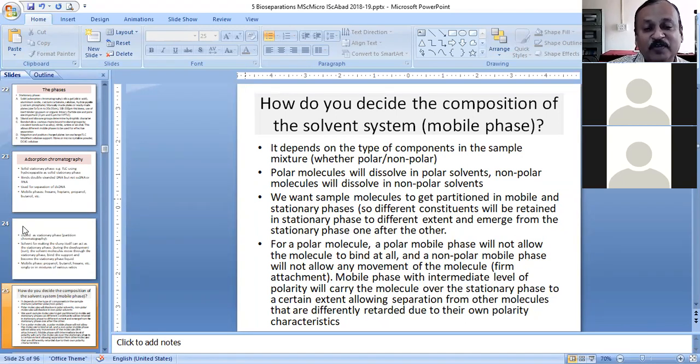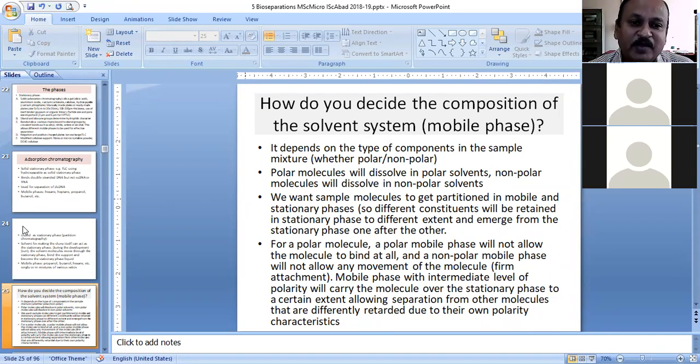Actually what we want is for the sample components to move on the stationary phase, not exactly with the mobile phase, but there should be a difference in mobility, and that difference is what is going to be important for your separation to happen.